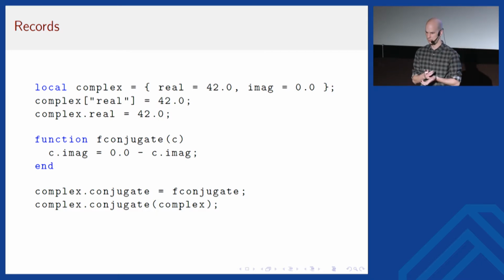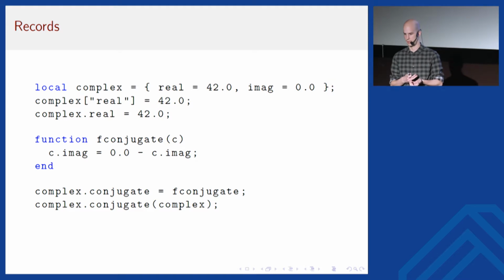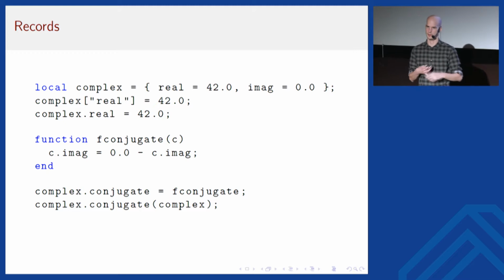But as you can see, we also have some redundancy here now, right? Because the complex on the very left side and the complex inside the parentheses for the function call, this is actually the same table. This is the same object. So there's really no need to write it twice.